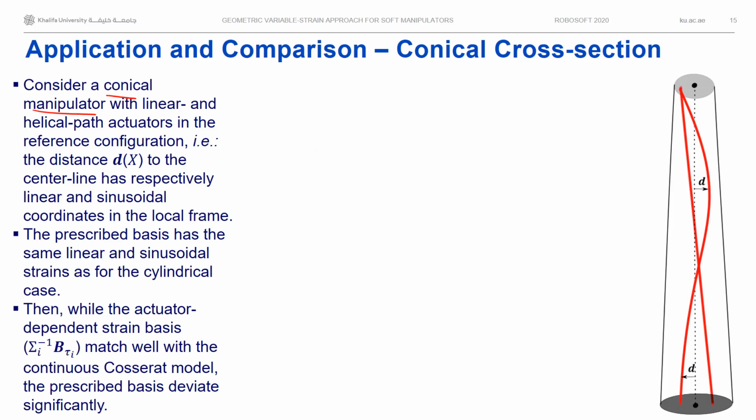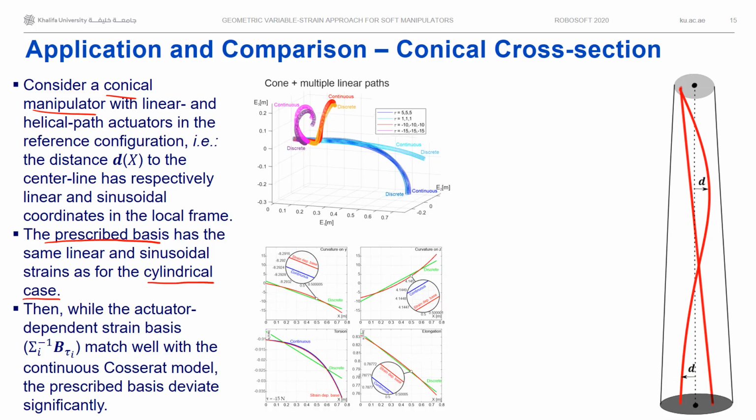To highlight the difference between the trivialized model and the generic geometric strain approach, the prescribed basis of the generic geometric strain approach has been kept identical to the case of the cylindrical manipulator. In the first example, we consider multiple linear actuators, and we note that the strains are in fact non-linear due to the conical shape of the manipulator.